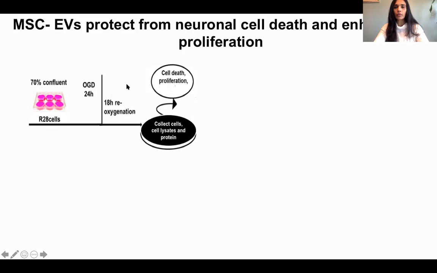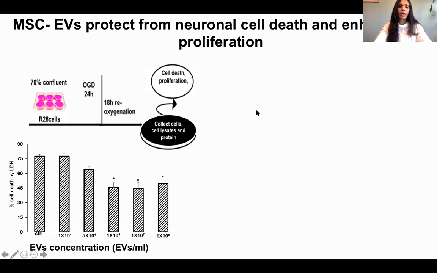For treating with the EVs, after 24 hours of OGD, we change the media, add exosomes, and then put them in normoxic condition for another 18 hours, and then we measure. First we analyzed the cell death. We found that when we added varying quantities of EVs to the cells, they dose dependently protected from neuronal cell death.